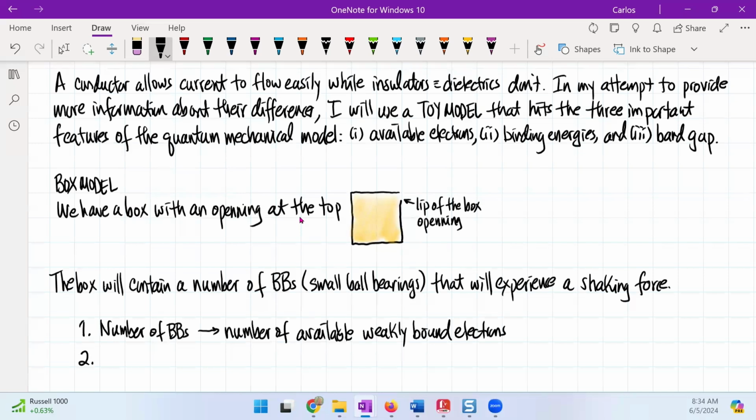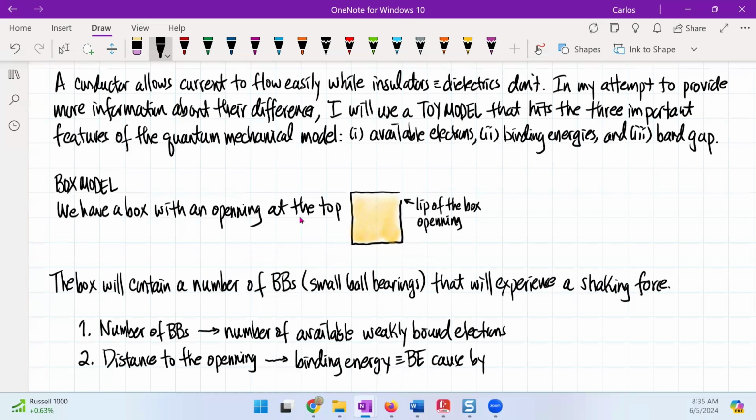So then we need to look at the distance to the opening. What this is going to represent is the binding energy caused by the nucleus.